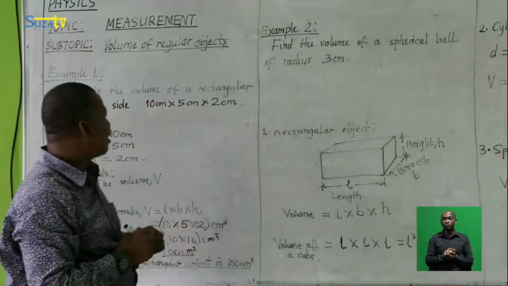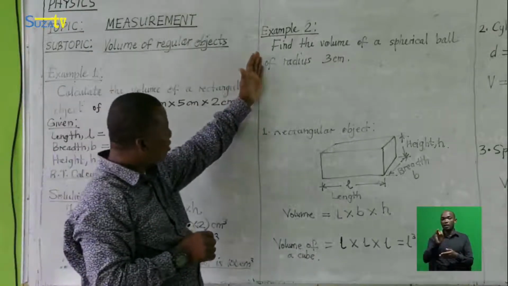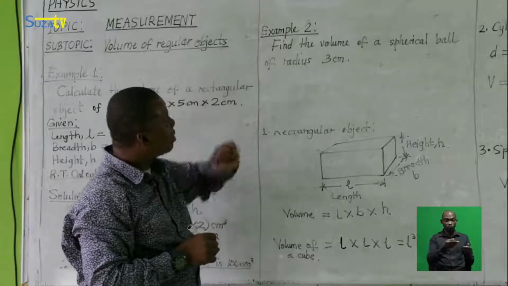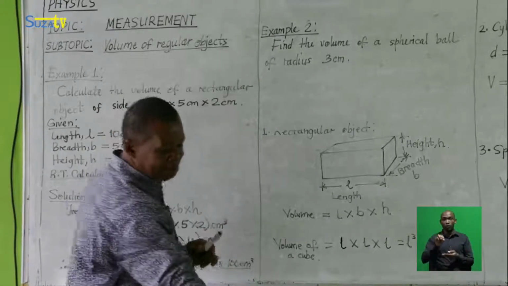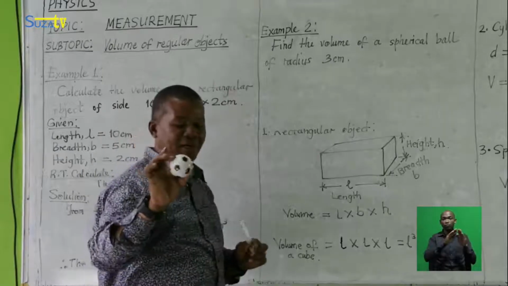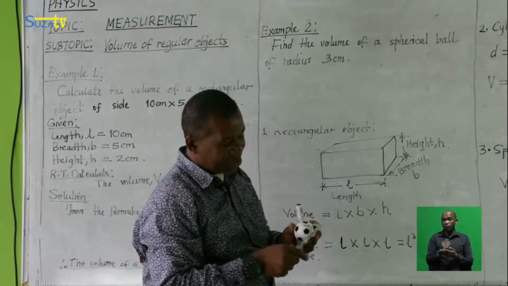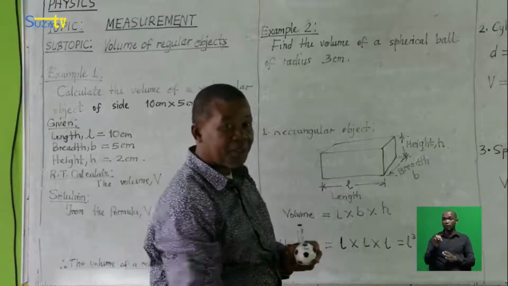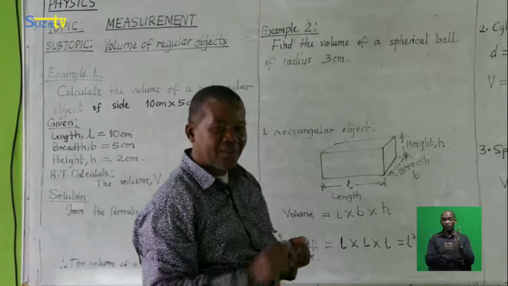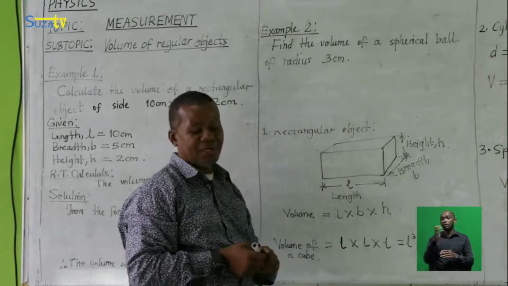As usual, we have to write the given according to our statement. Find the volume of a spherical ball. This is the spherical ball. The diameter is about 6 centimeter. So if the diameter is equal to 6 centimeter, then the radius is equal to 3 centimeter.